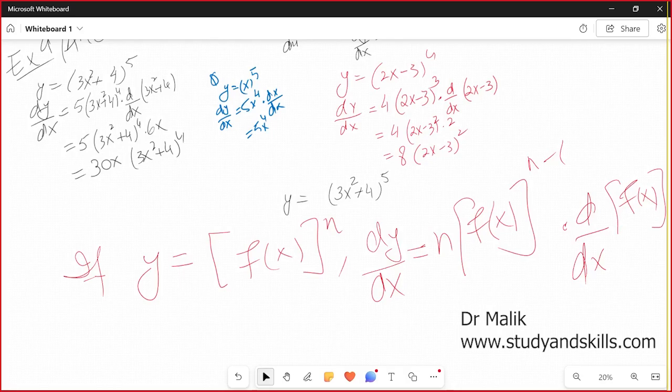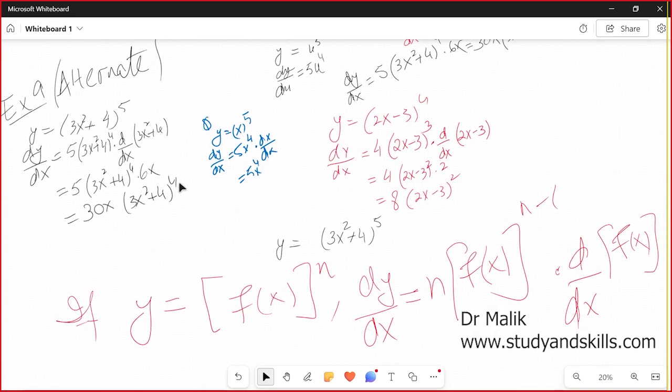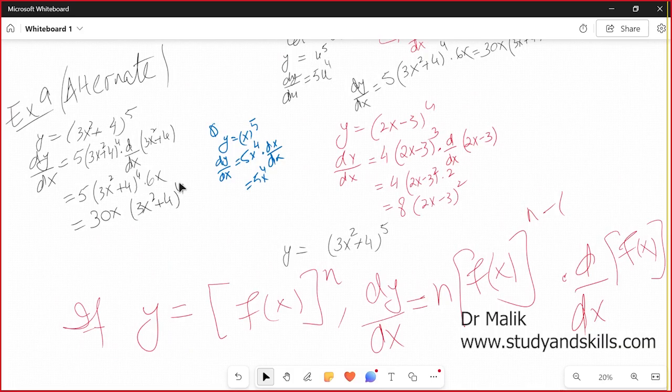Do you understand? This is the way we did here. You can compare this red with example 9 alternate which we did. Are you able to correlate them? If not, take your time.